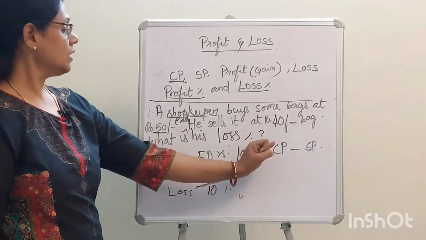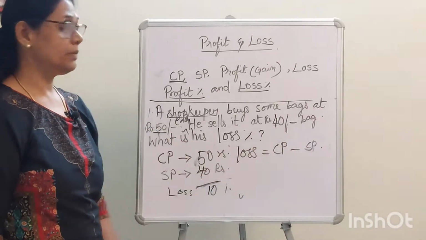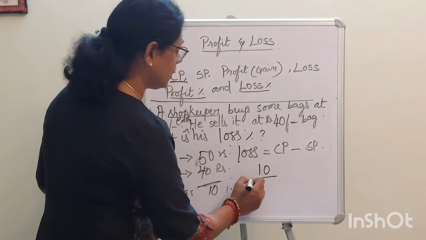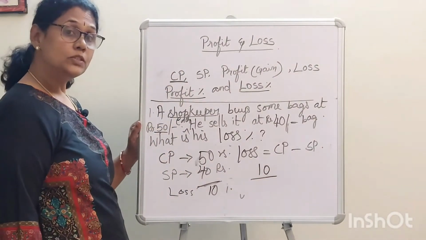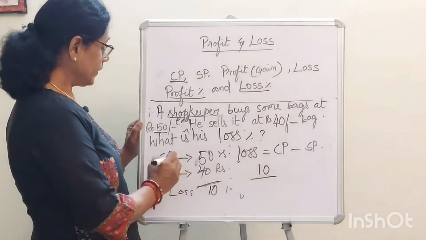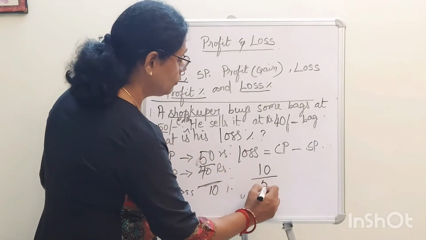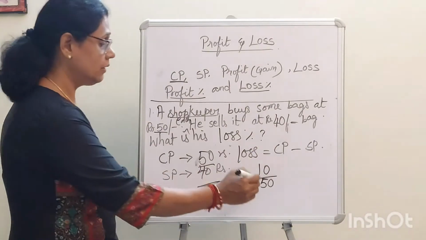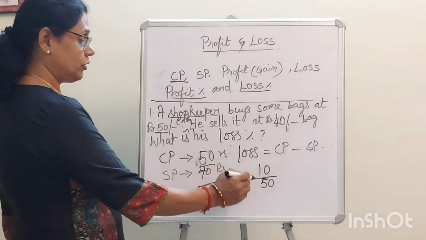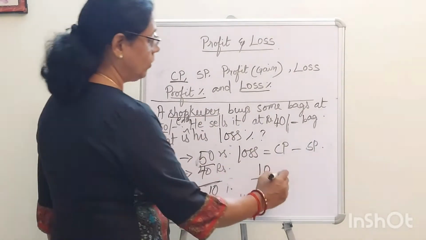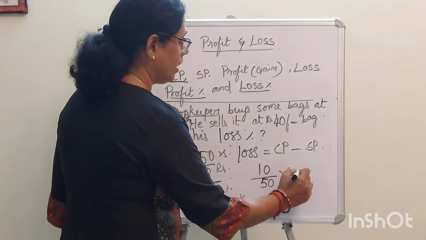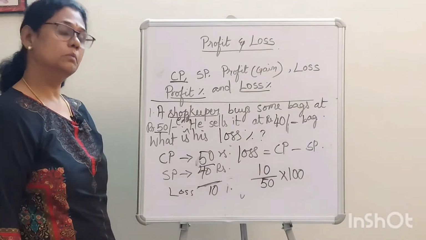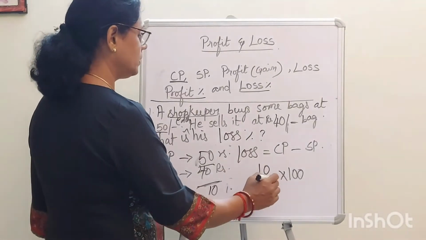The loss is cost price minus selling price. His loss is 10 rupees, out of how much? Out of his cost price, isn't it? He bought it for 50 rupees, but he was getting a loss of 10 rupees in this 50 rupees. So out of 50 it is 10 rupees. Then what will it be out of 100? So this is his loss percentage. So how to find out?